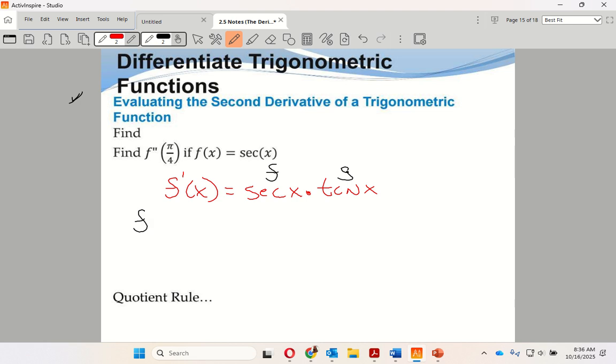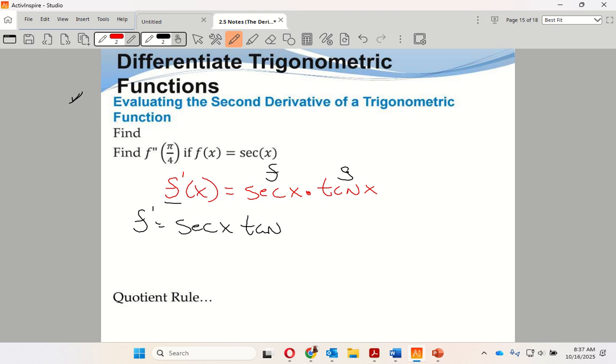So f prime, what's the derivative of secant? Okay, so no. That goes with this one right here. Our formula has f's and g's, but it's not the same as this.